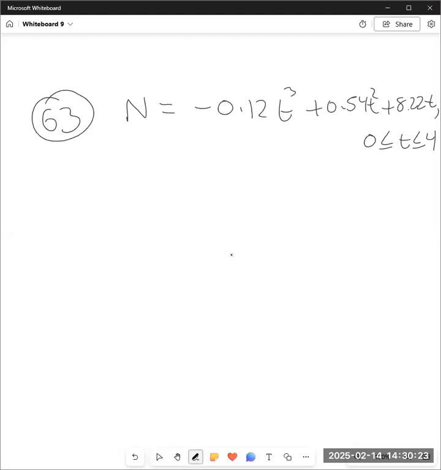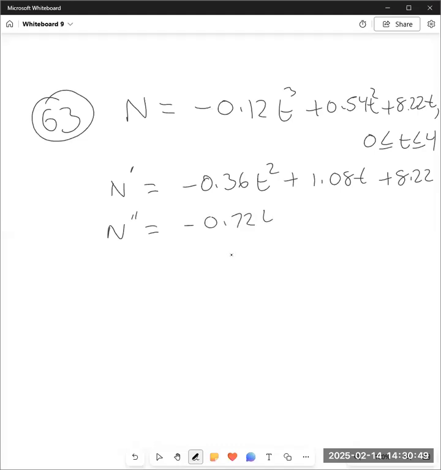So let's figure out N prime, which is negative 0.36t squared plus 1.08t plus 8.22, and N double prime is negative 0.72t plus 1.08.